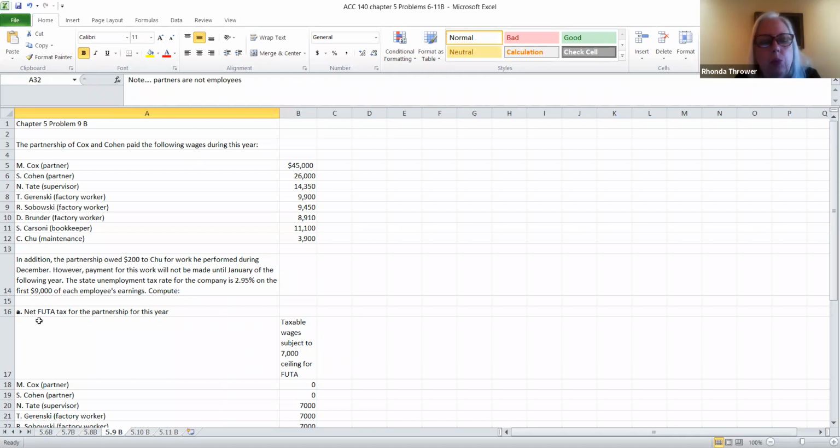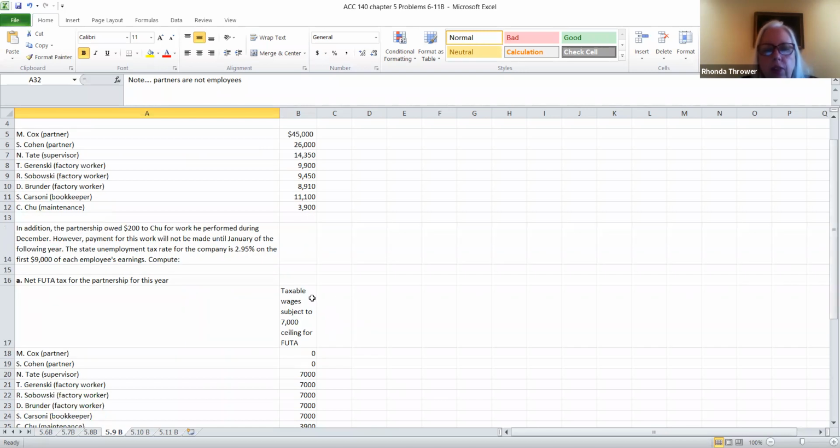In Part A, they wanted you to find the net FUTA tax for the partnership for this year. So what you really need to know is what are the taxable wages that are subject to the $7,000 ceiling for FUTA. And they tried to trick you here by putting in the partners' wages. The partners are the owners of the business, and they are not considered to be employees. So none of their wages are subject to FUTA.